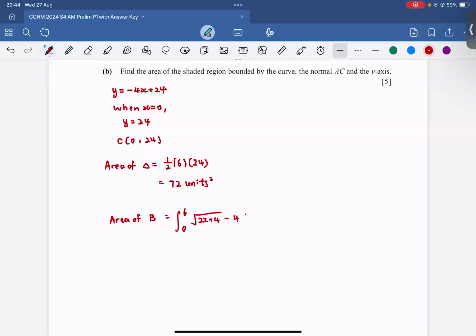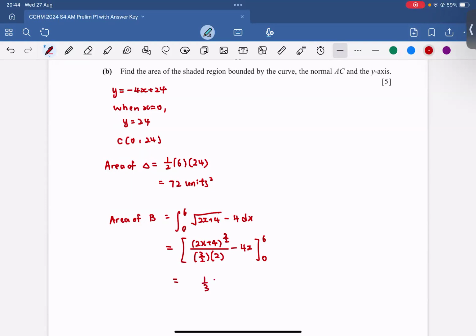Okay, so now how do we integrate this? This is actually power half, so power increased by 1 becomes 3 over 2, divided by the new power, divided by the differentiation of the inside. So what do we have?